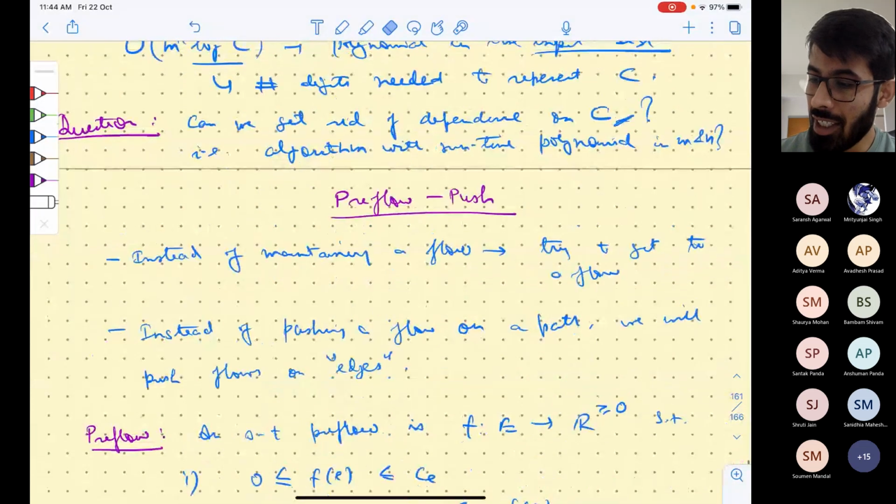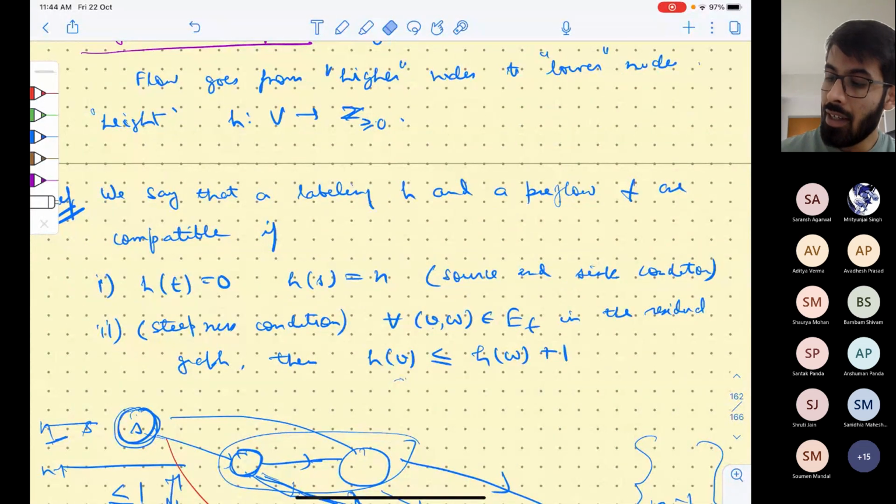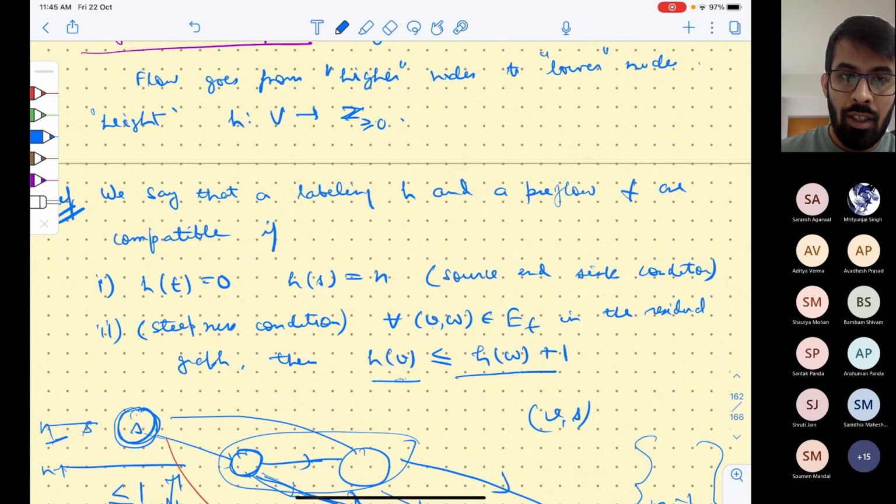So what does the condition say? The condition says that if there is an edge VW in the residual graph, so here the edge will be in the form VS, right? The back edge that you're talking about, in the form of VS. So what does it say? H of V is less than or equal to height of S plus 1.